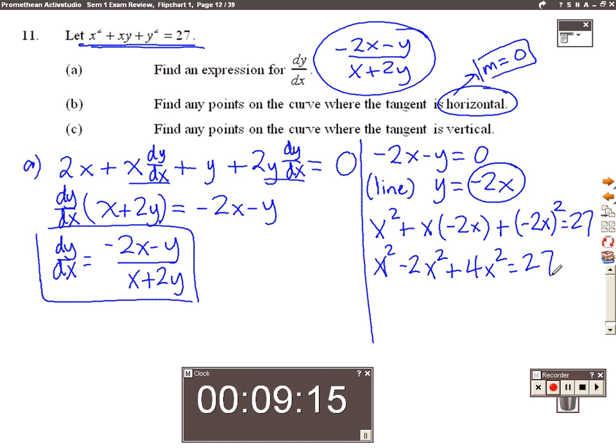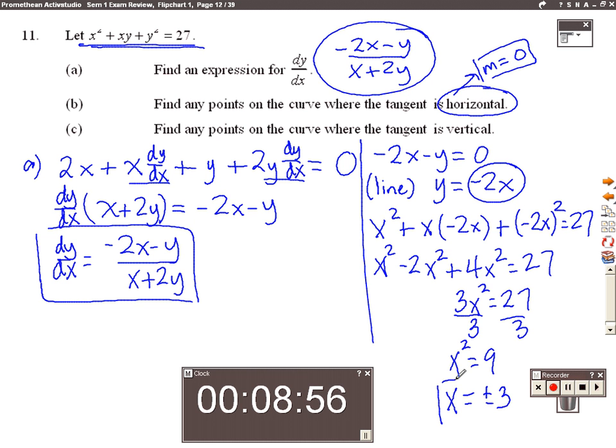In cleaning that up, I would have negative x squared plus 4x squared, which would give me 3x squared equal to 27. Divide both sides by 3, and x squared is equal to 9. So x is equal to plus or minus, don't forget about the plus or minus, 3.